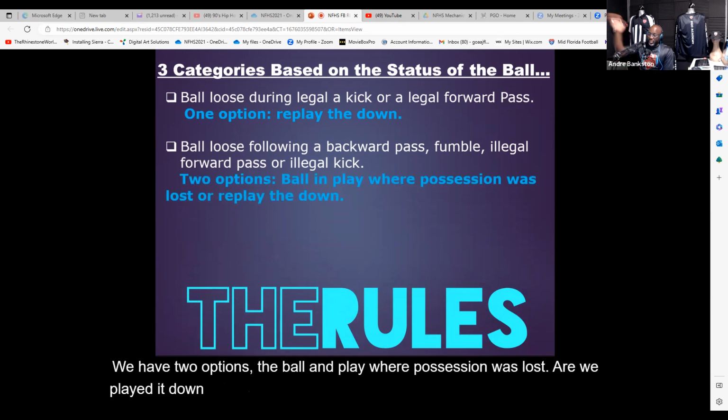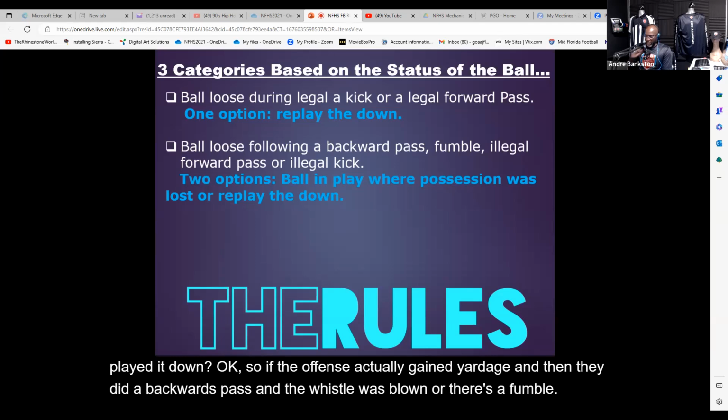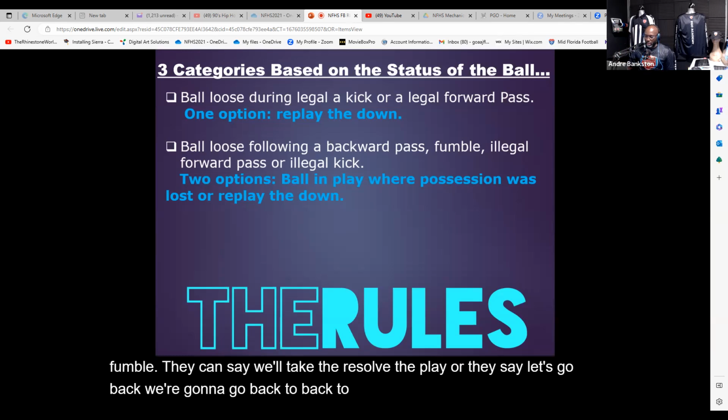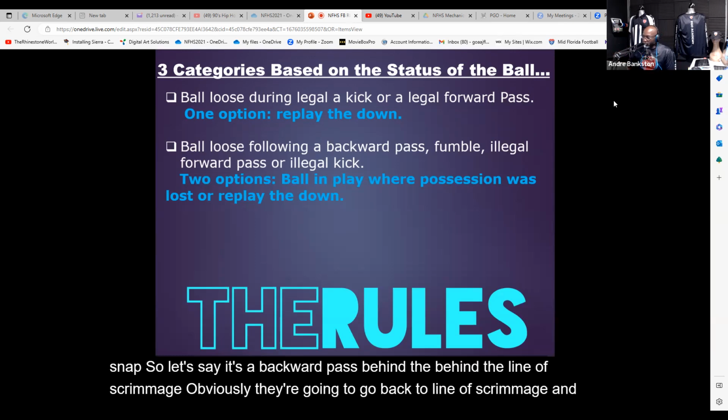So if the offense actually gained yardage and then they did a backwards pass and a whistle was blown, or there's a fumble, they can say we'll take the result of the play. Or they can say let's go back to our original line of scrimmage and re-snap. So let's say there's a backwards pass behind the line of scrimmage. Obviously, they're going to go back to the line of scrimmage and replay the down.